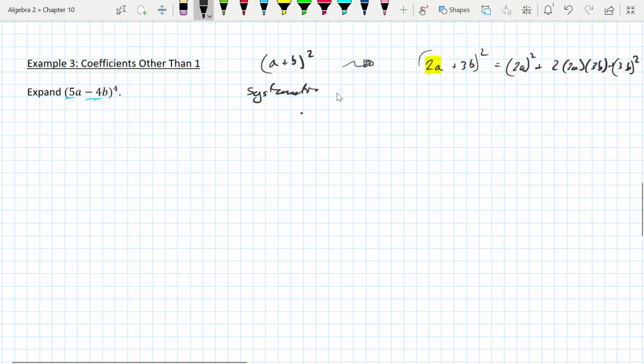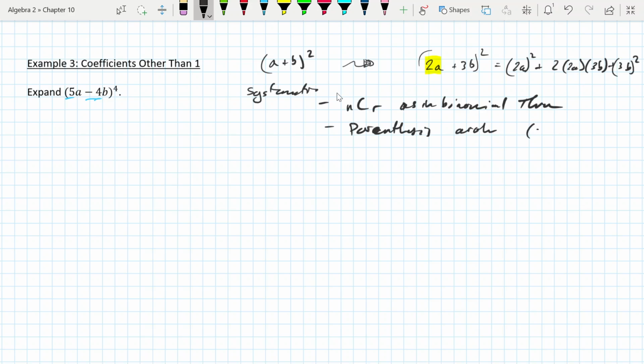You're going to want to make sure that you're using the correct combinations, as the binomial theorem tells you to. And you're going to want to use parentheses around the a to the 7b or 7 minus 2 and the b squared things, the power parts, I guess we could call them.